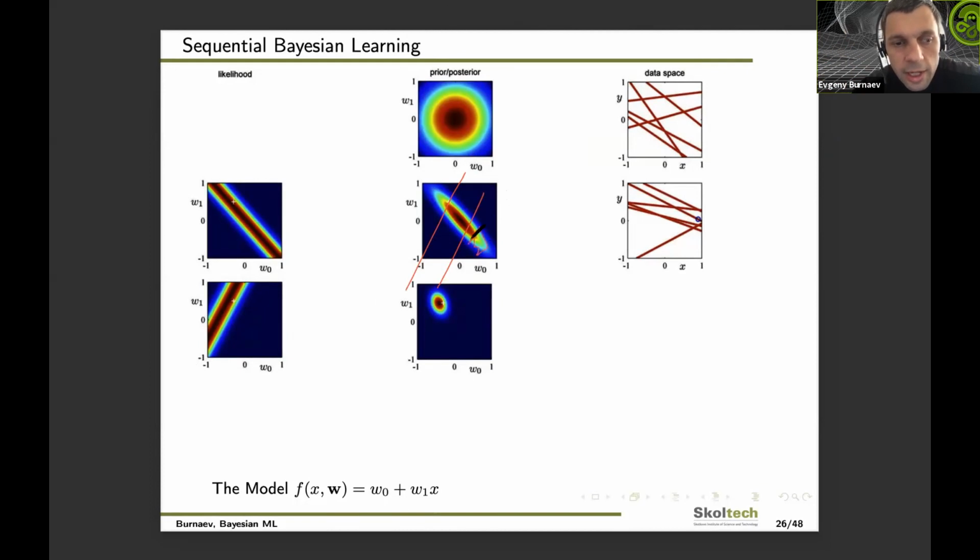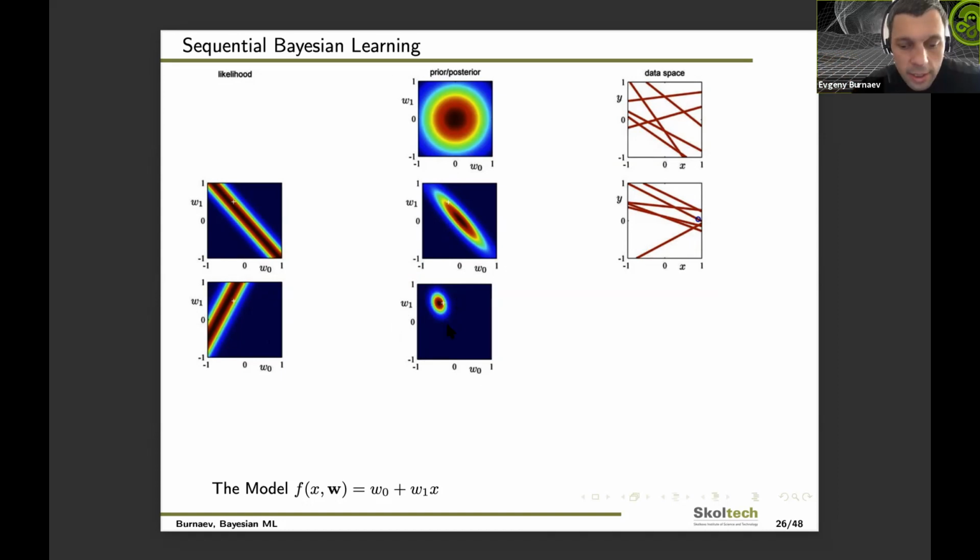So it destroys probability mass here and here, because here the probability mass is 0, and here the probability mass is 0, right? And so now I see that when I multiply this posterior by this new likelihood for an additional new observation, I get this posterior on the second step.